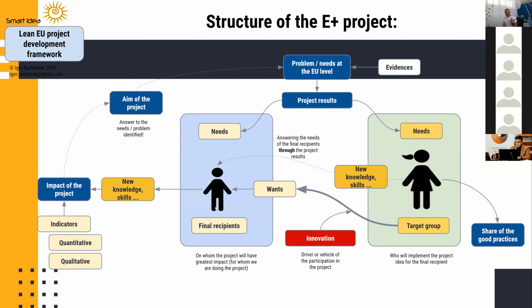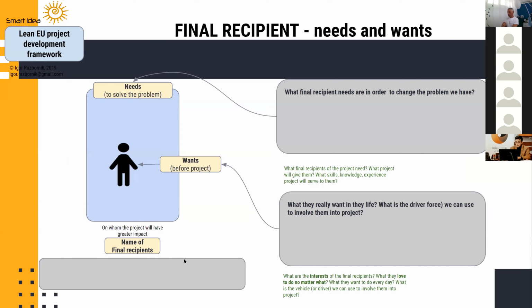It is much easier to describe if you know these basic things. So how do I work out the needs and wants of the final recipients, for example? I just print this again and try to find what the final recipients need in order to change the problem.